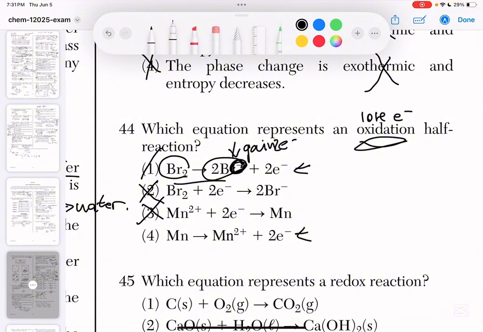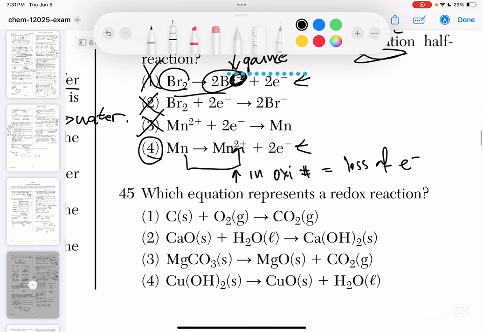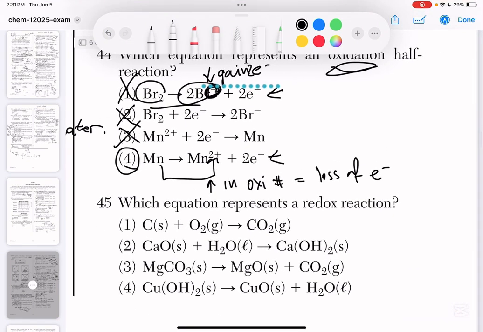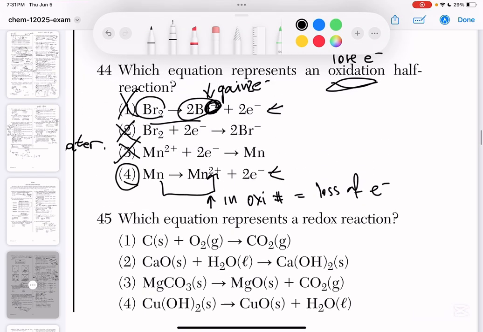So that one is also not right, even though it represents a loss of electrons. So this one would be the only one that's right, because if you look here, there's an increase in oxidation number, indicating loss of electrons. Since electrons are negative, losing them would make you more positive. So that's what happened there.